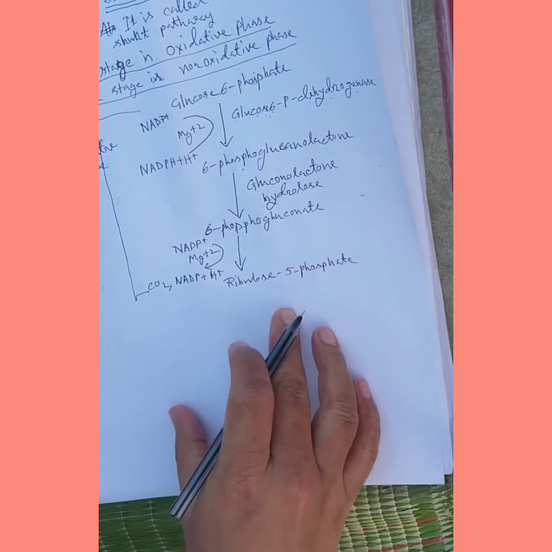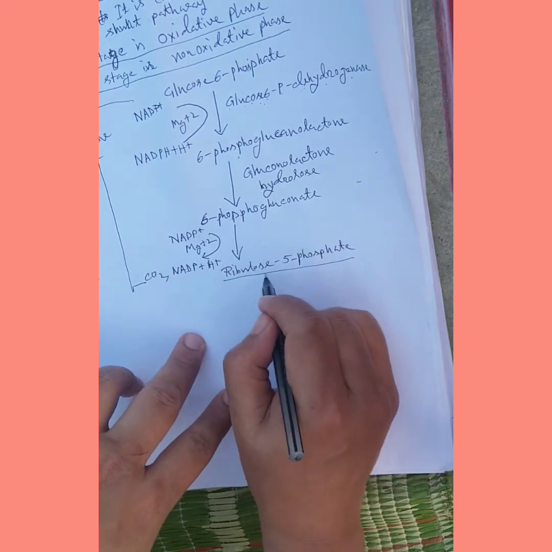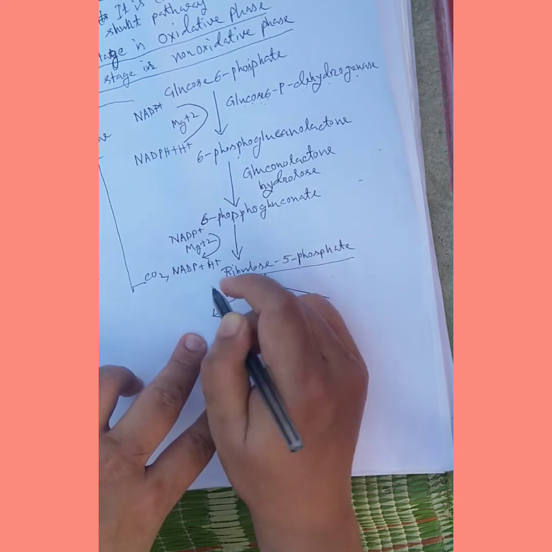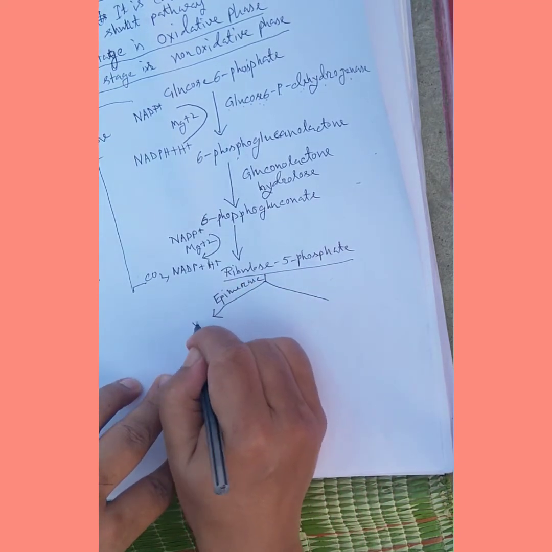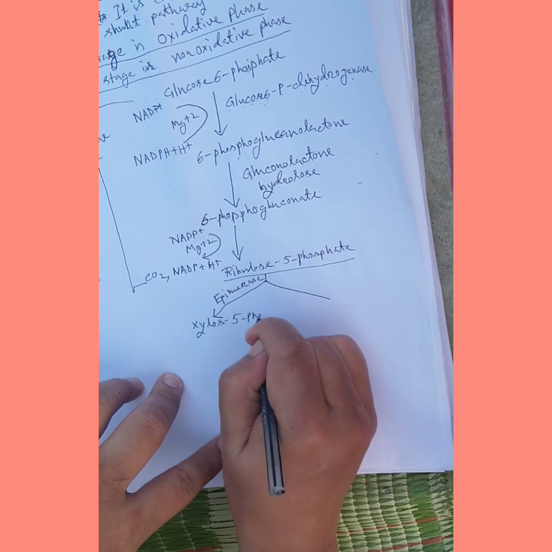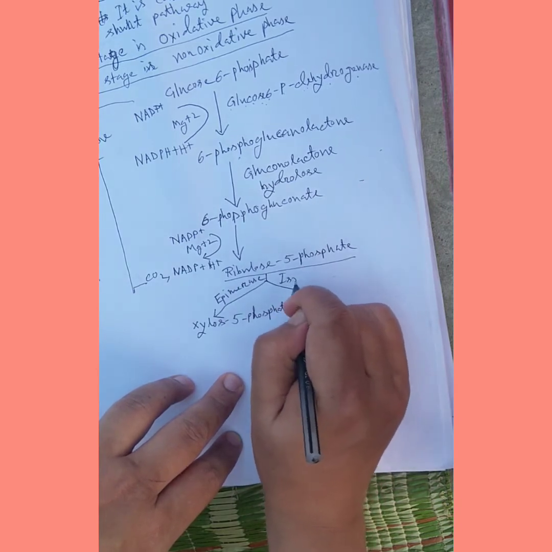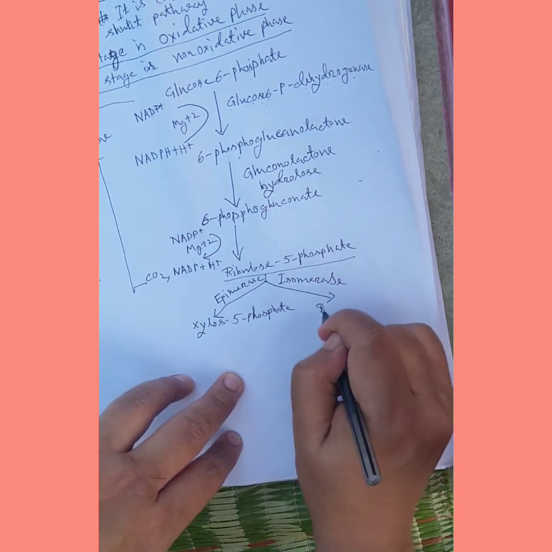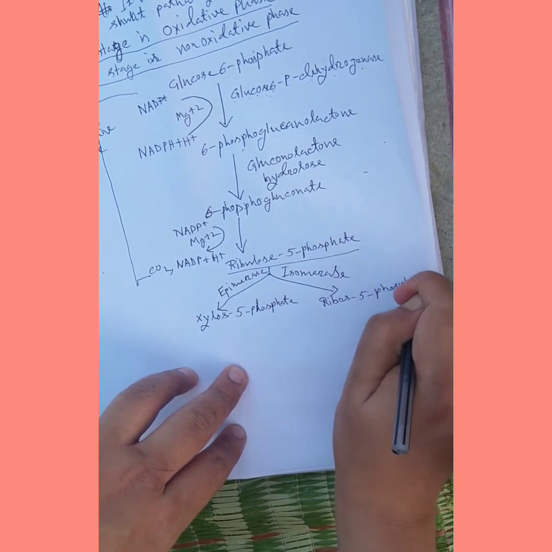After that, the non-oxidative phase will start. Non-oxidative phase means ribulose 5-phosphate is converted, with the help of the enzyme epimerase, into xylulose 5-phosphate, and with another enzyme, isomerase, we get ribose 5-phosphate.